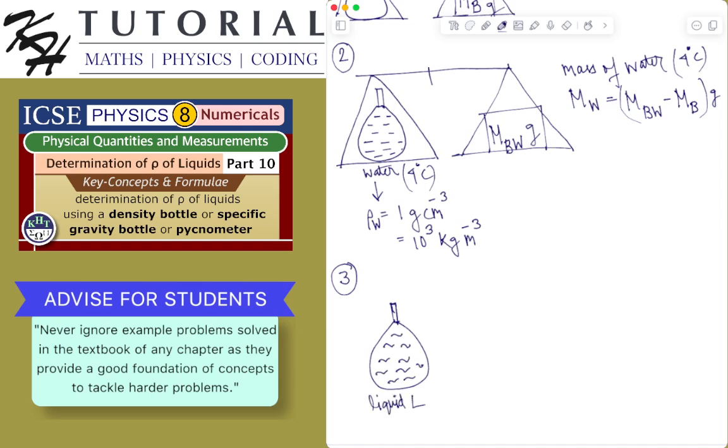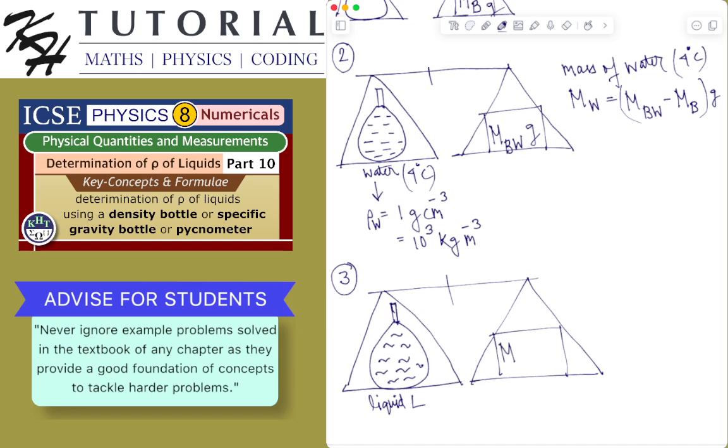Okay, again we will find the mass of the density bottle completely filled with the liquid. So let's say the mass of the density bottle completely filled with the liquid comes out to be, let's say, capital MBL.